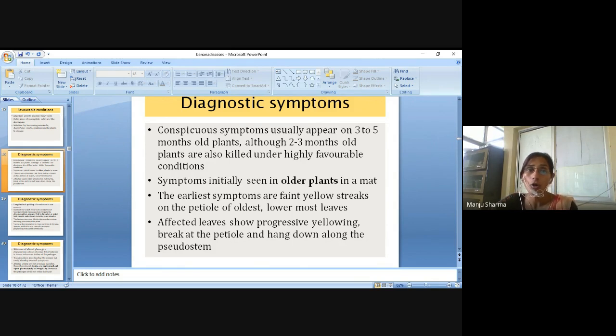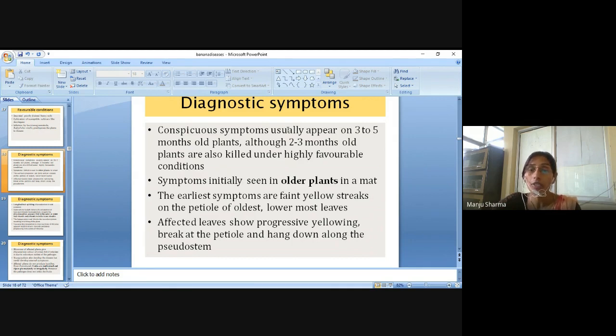The earliest symptoms are faint yellow streaks on the petiole of the oldest, lowermost leaves.